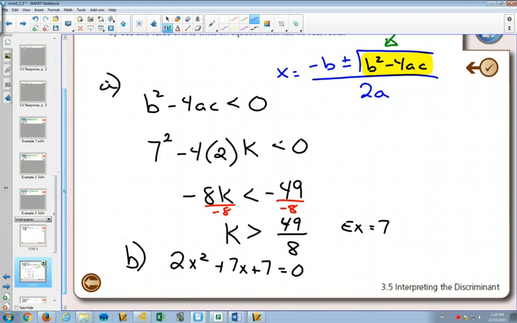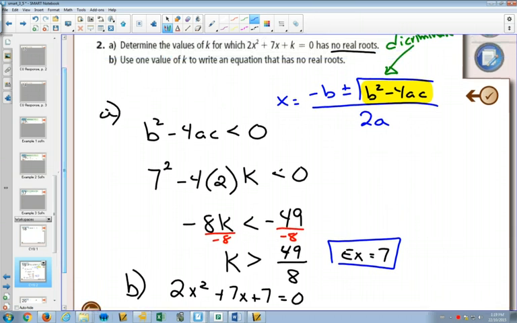So from the first one, we came up with an example of 7, where our k value has to be bigger than 49 over 8. And any number, if you would have put 8 or 9 or 10, they would have all worked. So in part B, it just said find an example that works.